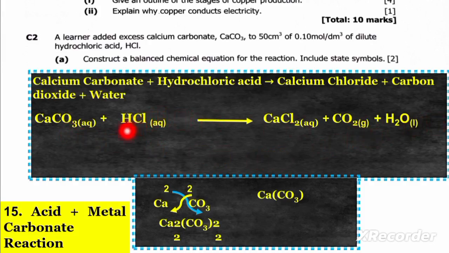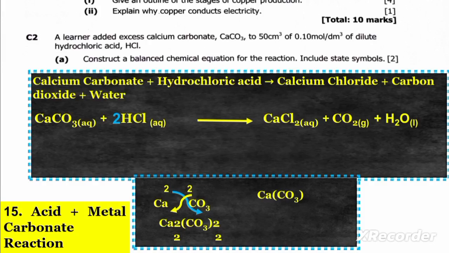We have one atom of hydrogen, two atoms of hydrogen. So therefore we need to do something here. We write two here, two atoms of hydrogen, two atoms of hydrogen. So as we can see, we have successfully managed to come up with a balanced chemical equation. We are done with this question.